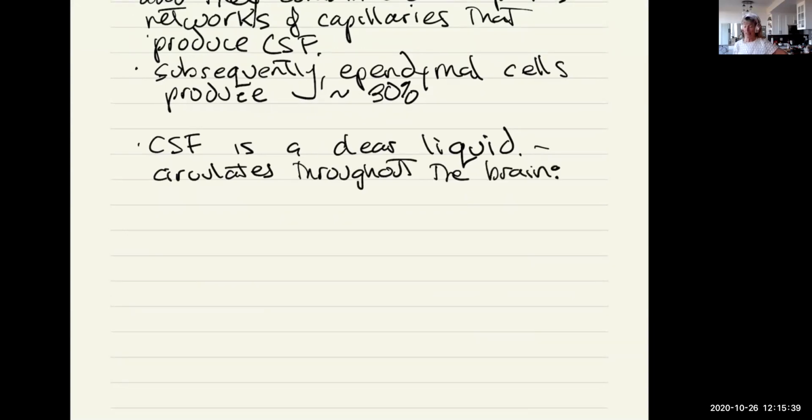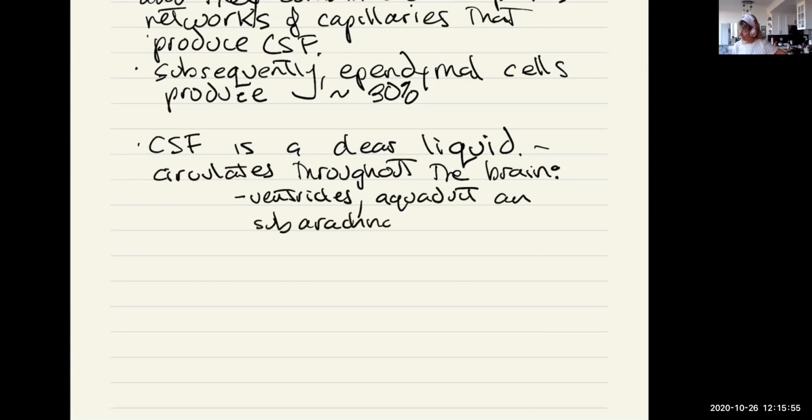So throughout the brain, it circulates between the ventricles, the aqueduct, and arachnoid space. And the spine central canal. So it is continuous with the spine.